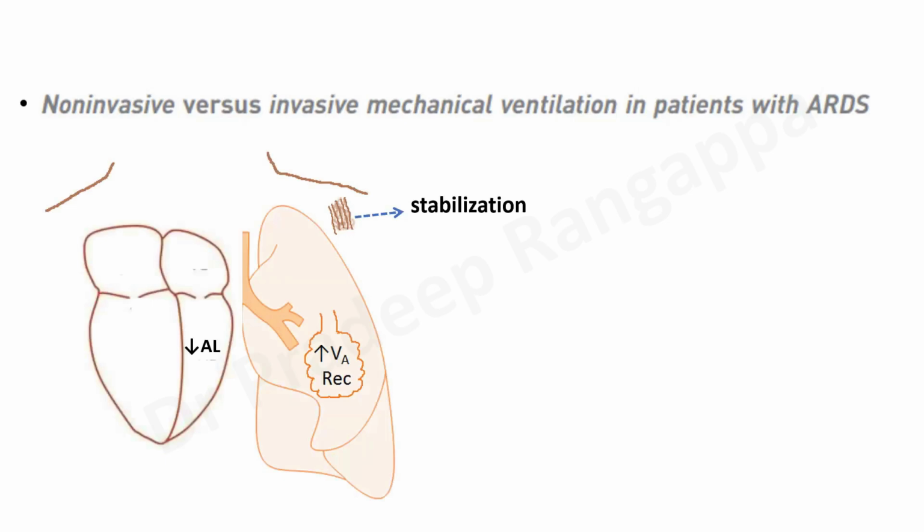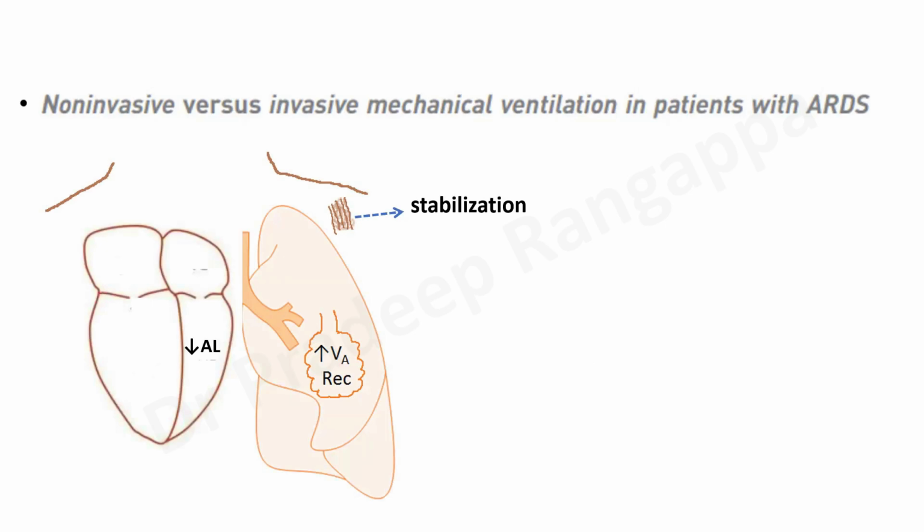We all understand, just to recapture our memories, that non-invasive ventilation improves your alveolar ventilation and recruits the alveoli. It also has an additional benefit of reducing the afterload on the LV, which is useful because many a time ARDS can have a concomitant cardiac component also, and it helps in stabilizing the chest wall.